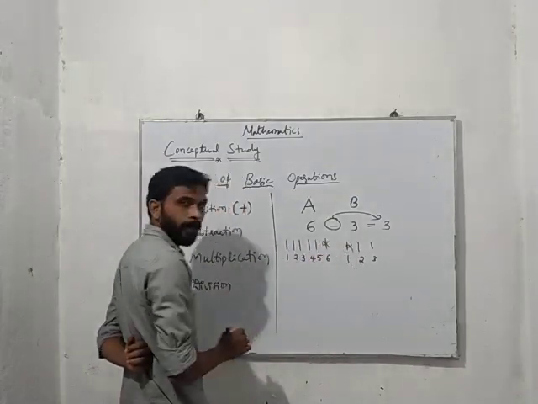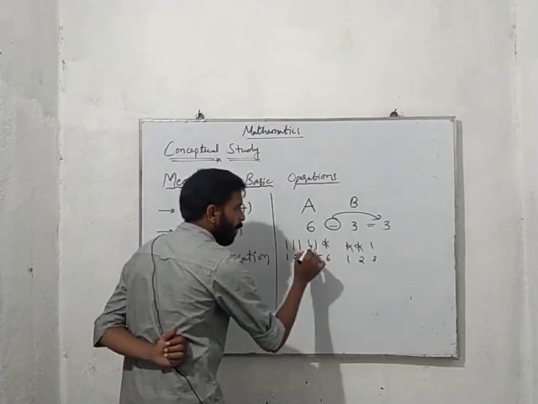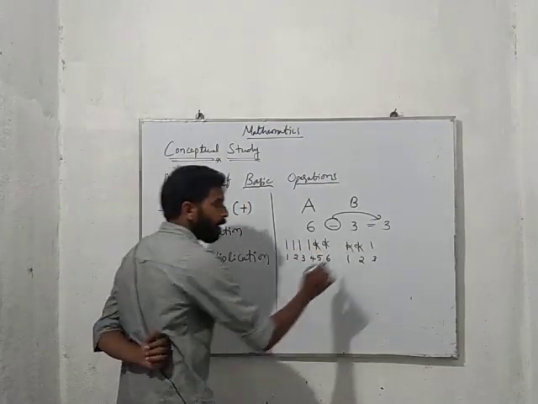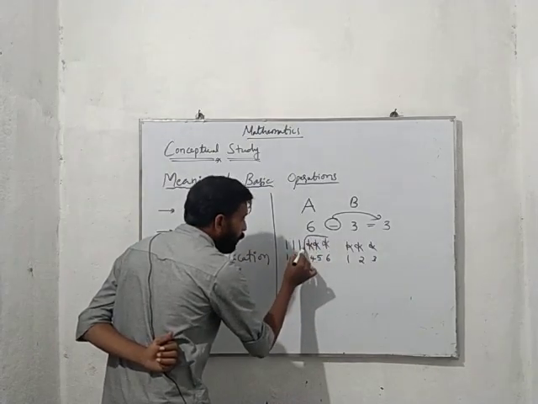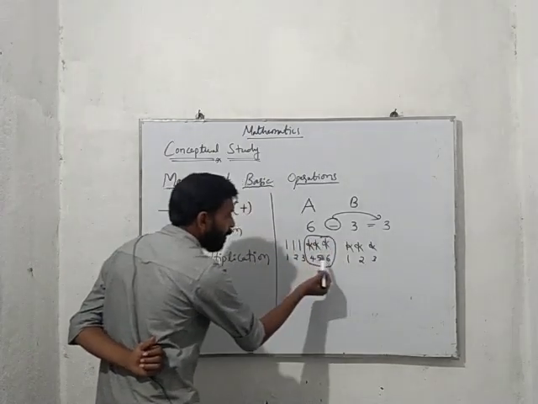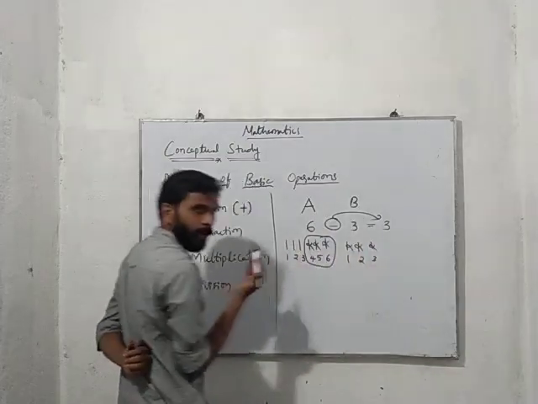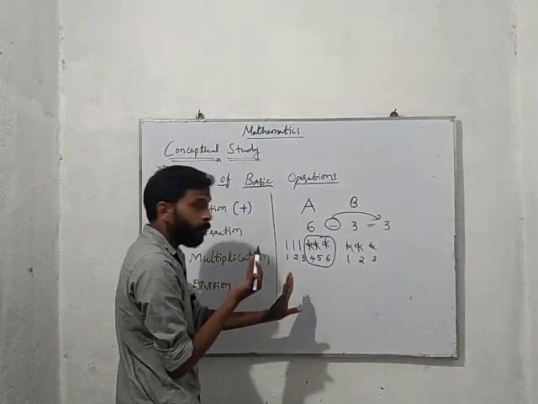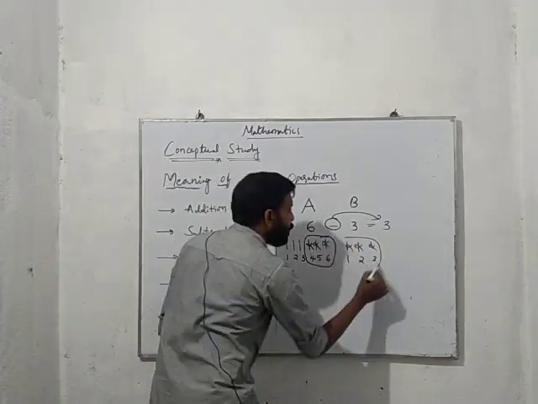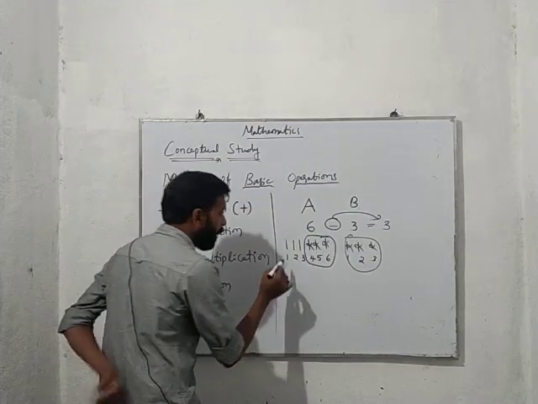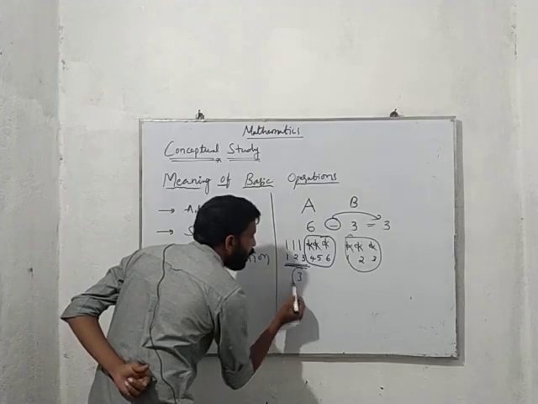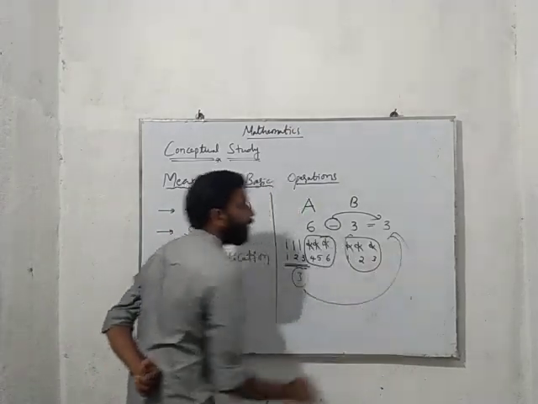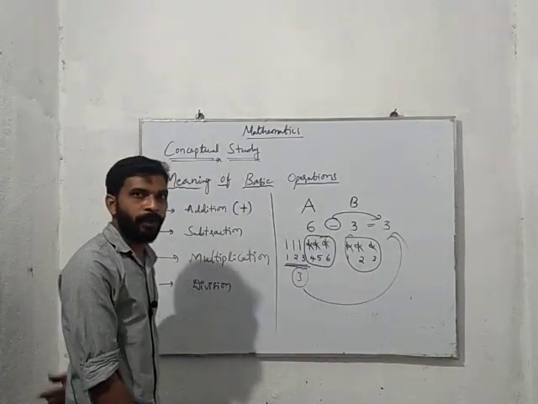One chocolate was removed. The next, second chocolate I removed. The third chocolate I removed. Means I am going to remove the last 3 chocolates from right to left, based on how many chocolates B has. So my remaining count is 1, 2, 3 chocolates. That's why I got 3 here. Got my point?